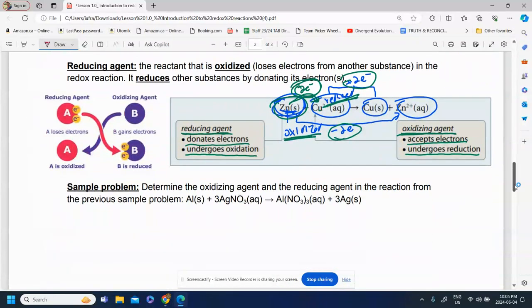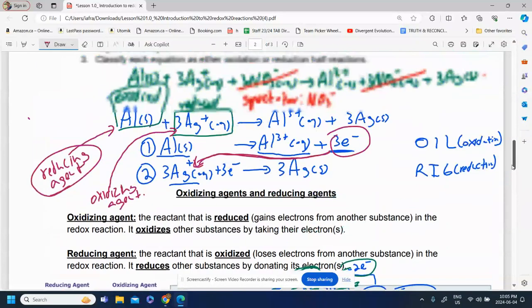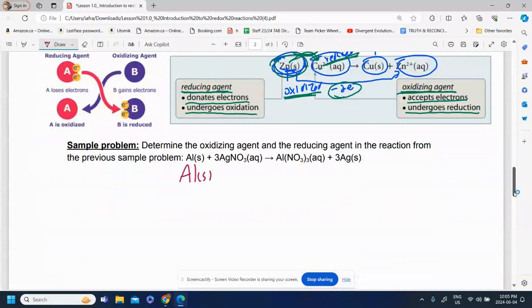So in our reaction here, we could say that Al solid is our reducing agent, and the AgNO3 is the oxidizing agent, specifically the Ag. So Al is a reducing agent because it was oxidized, and Ag is the oxidizing agent because it was reduced, so it took electrons away, it oxidized something in the process.